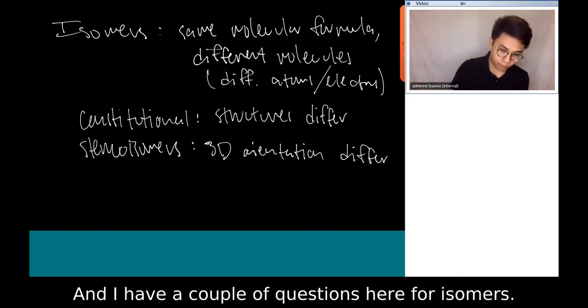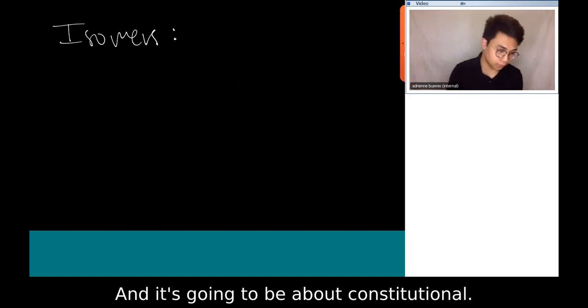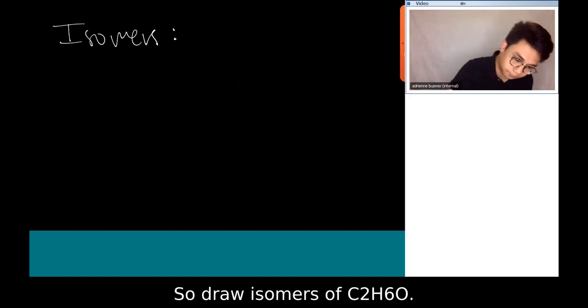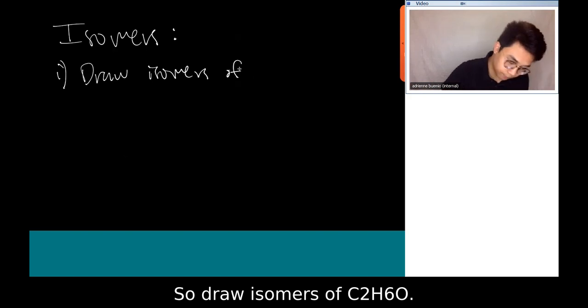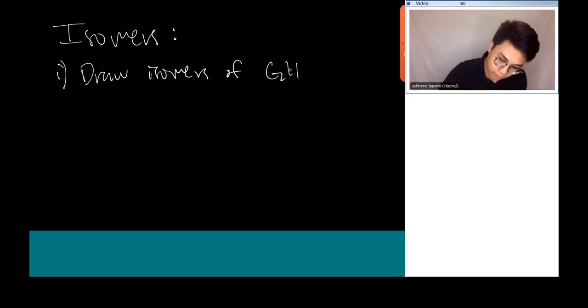I have a couple of questions here for isomers, and this is going to be about constitutional isomers. First, draw isomers of C2H6O.